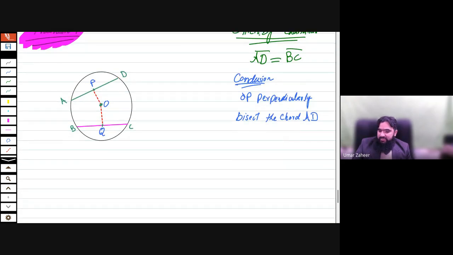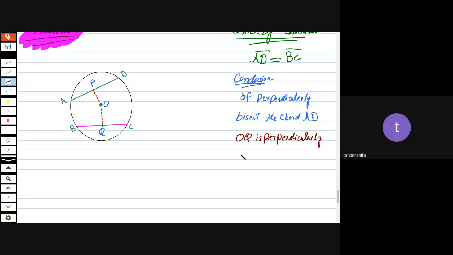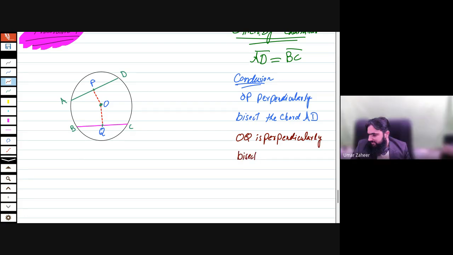In the same way, for the second one, OQ perpendicularly bisects the chord BC.